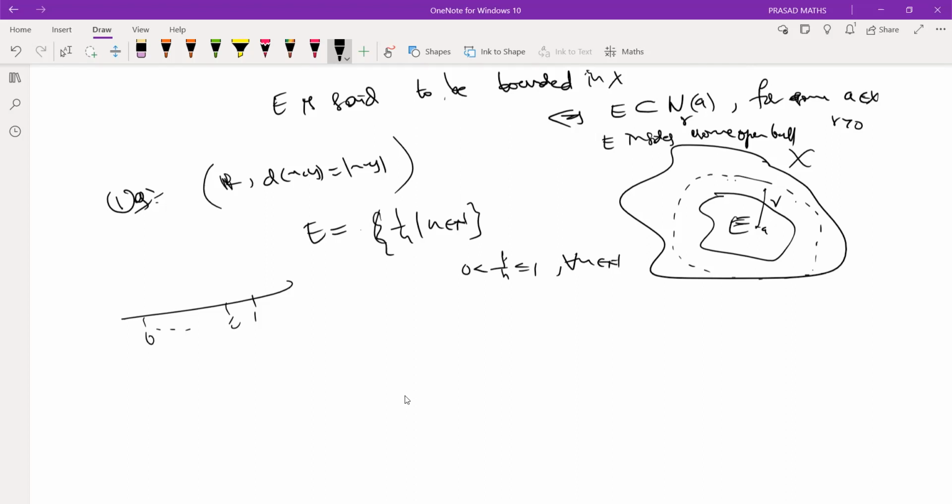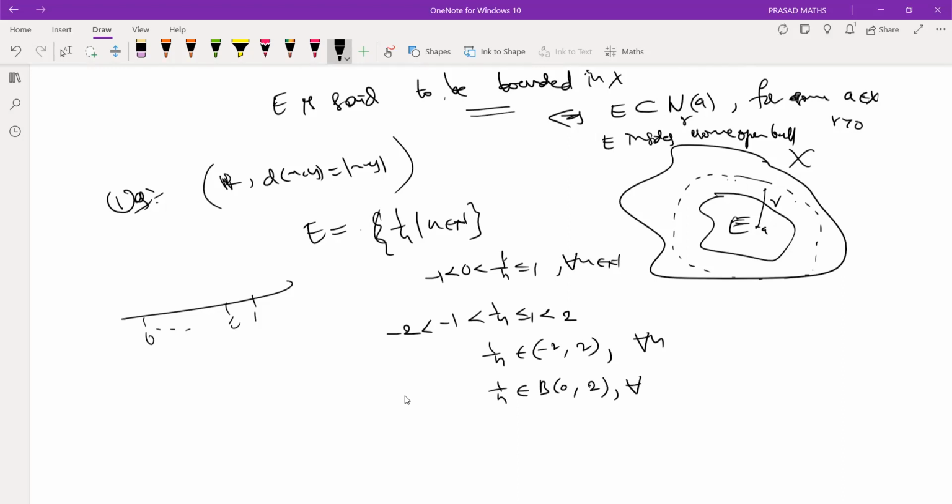But according to this idea, how can you express this? You know -1 is less than 0, and 1 by n is less than or equal to 1, so it can be rewritten as -2 less than 1 by n less than 2. Therefore 1 by n belongs to (-2, 2), and this is true for every n.